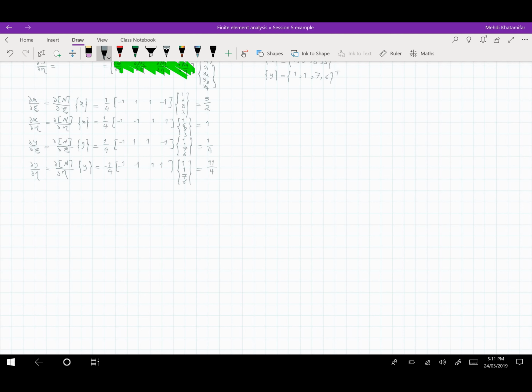Now using these values, I'm going to find the Jacobian. The Jacobian is going to be the derivative of x over psi, dy d psi, dx d eta, dy d eta.